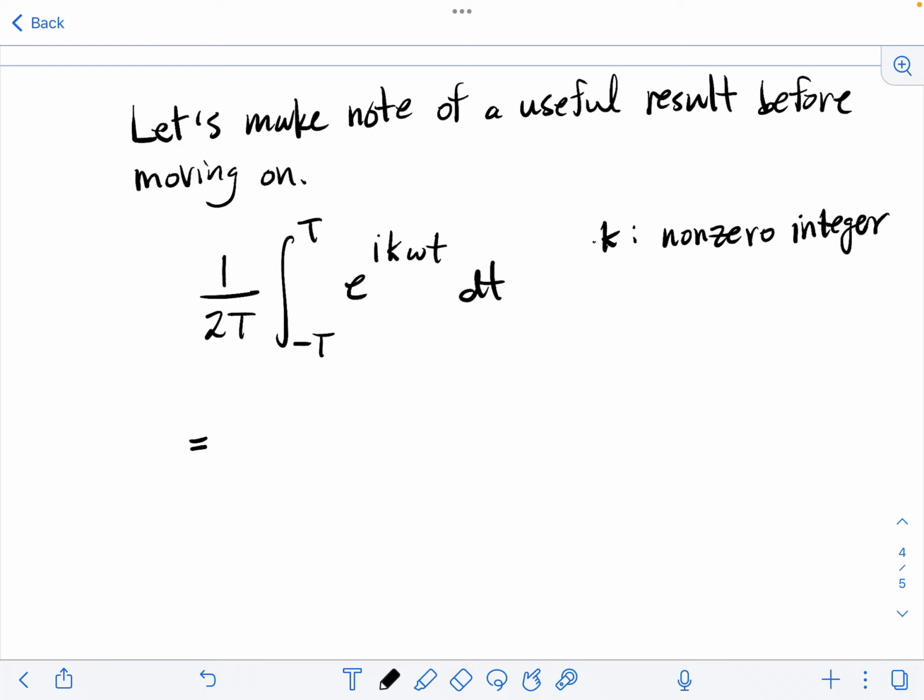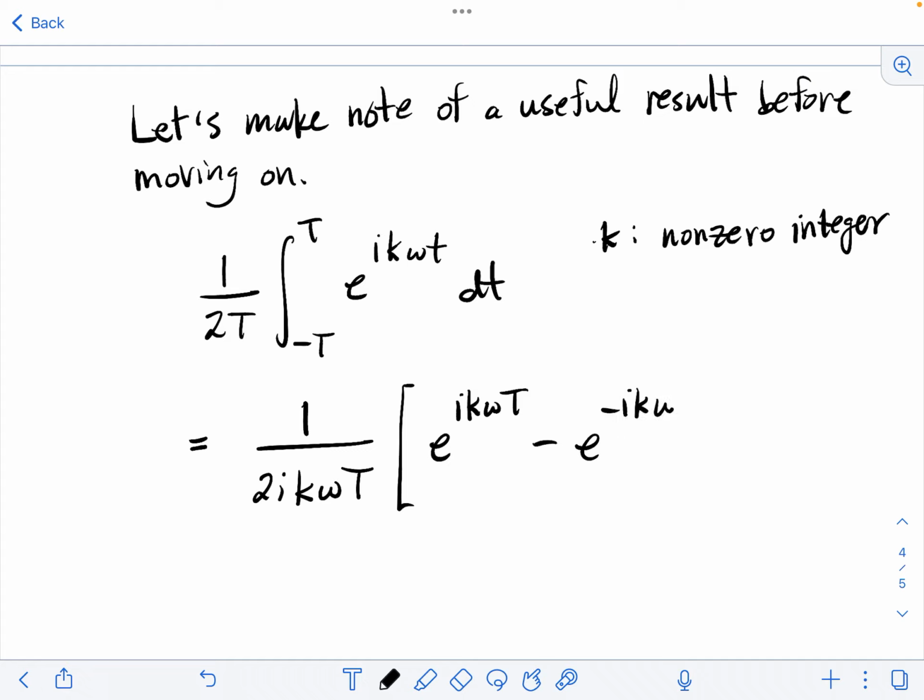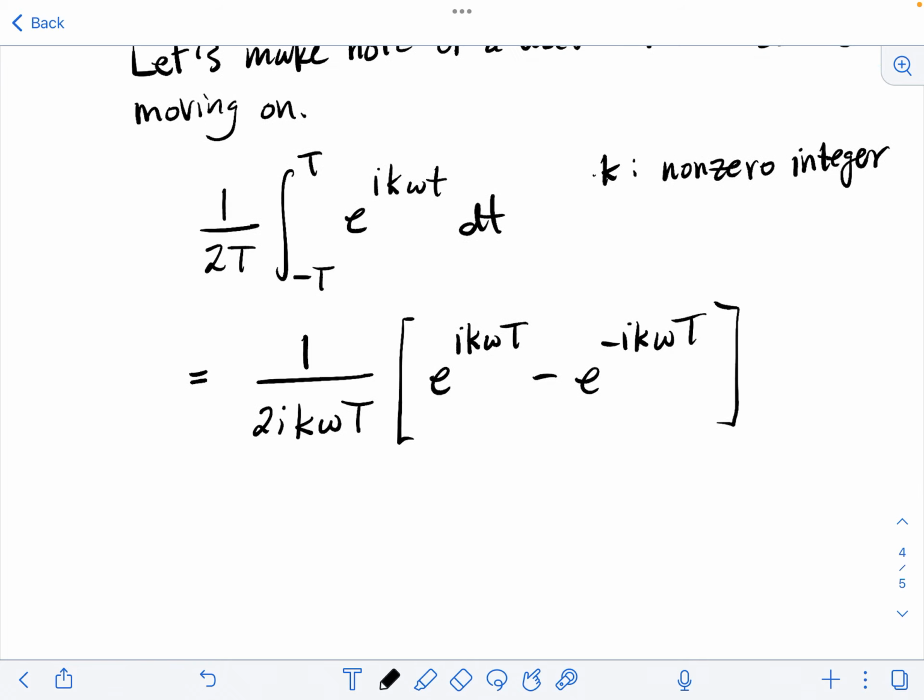When we evaluate the integral, we get 1 over i k omega, so that overall we have 1 over 2 i k omega T. Evaluating at the upper limit, we have e^(i k omega T) minus e^(minus i k omega T) at the lower limit. But this is just 2i sine of k omega T.